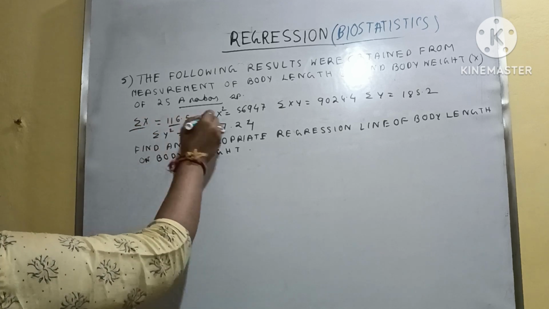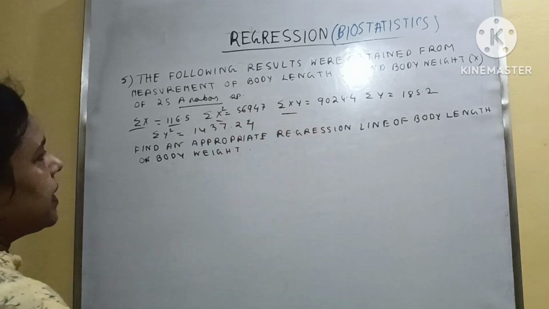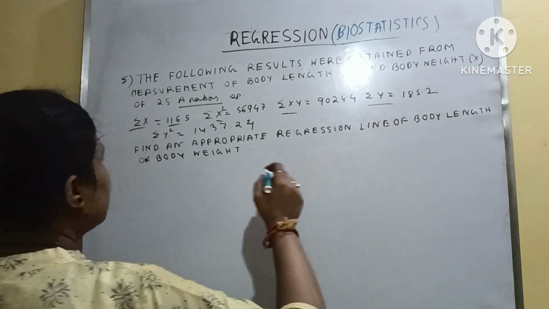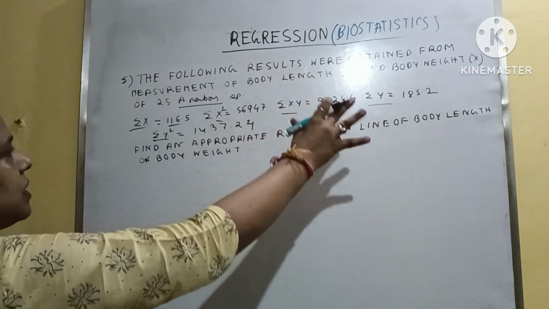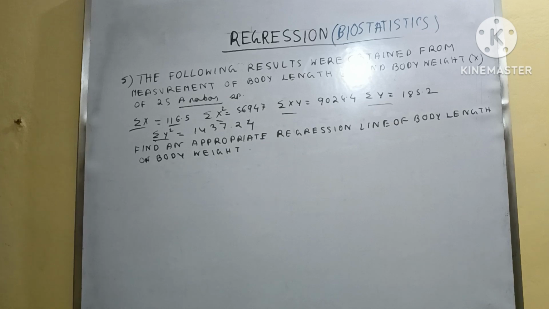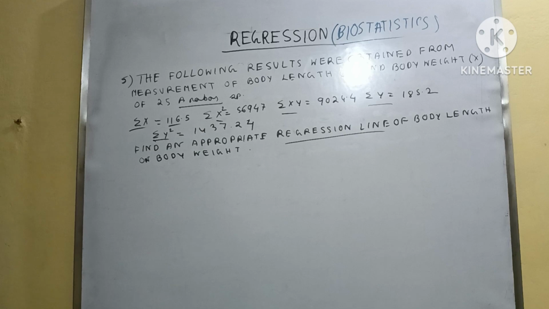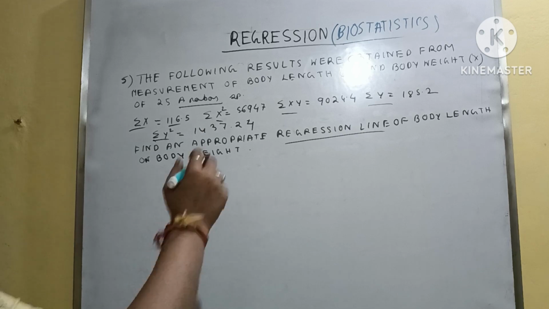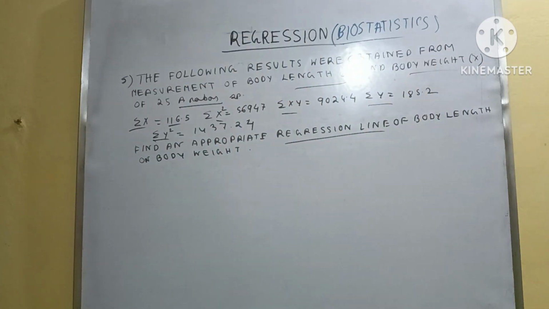Summation of x, summation of x square, summation of xy, summation of y, summation of y square. With this information we have to calculate the appropriate regression line of body length on body weight, body length y on x, the regression equation of y on x.